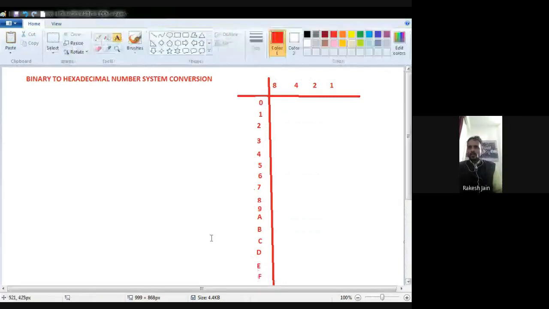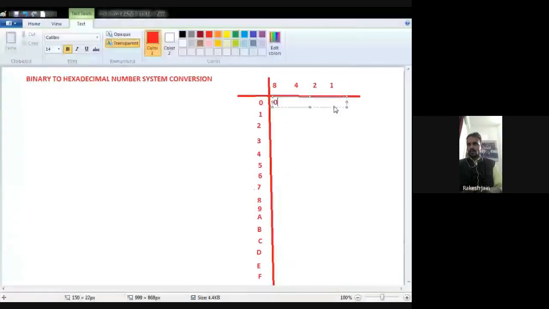Now 0 can be represented as 0, 0, 0, 0, because it is not an 8, not a 4, not a 2, not a 1. For 1, the format should be 0, 0, 0 and then 1.